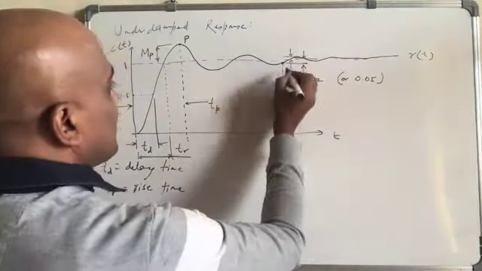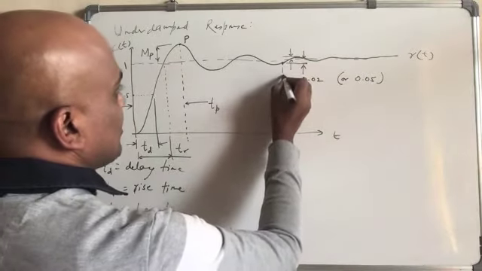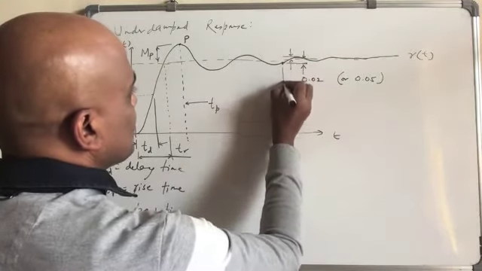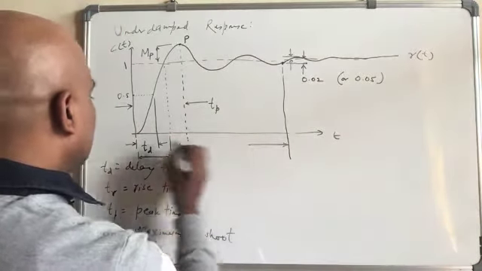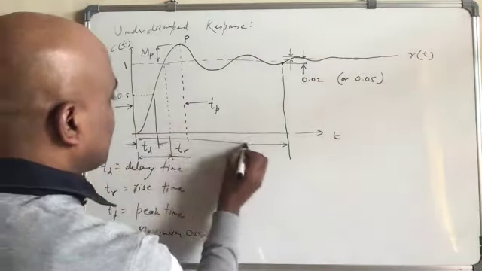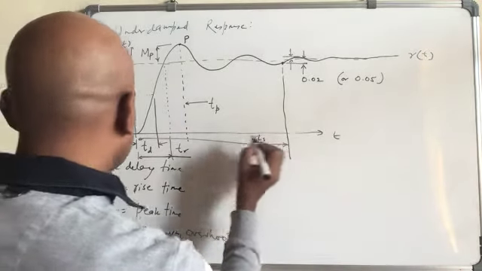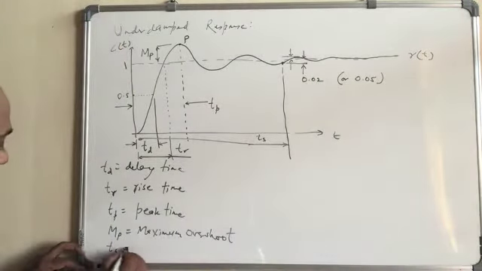This one is known as settling time, t_s. So that tells you when it settles, from here to here. So t_s equals settling time.